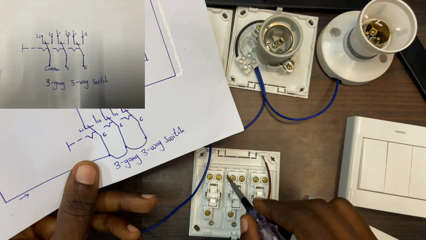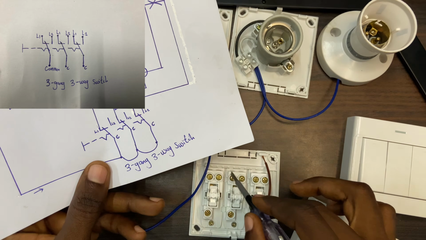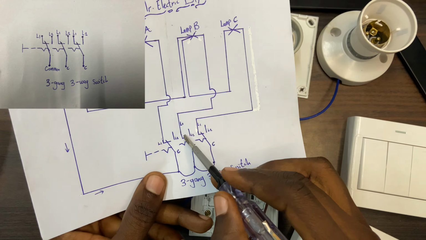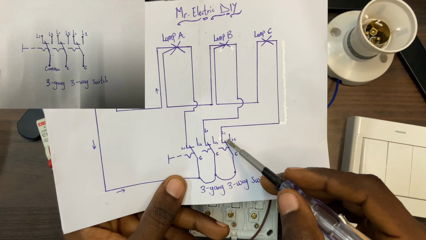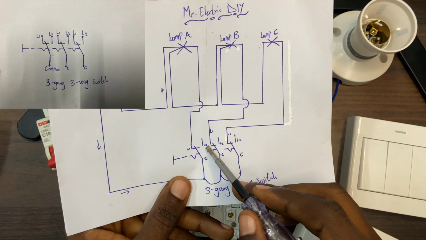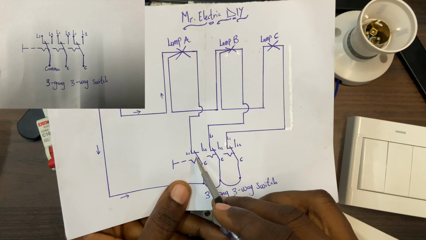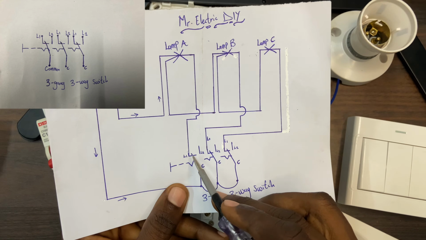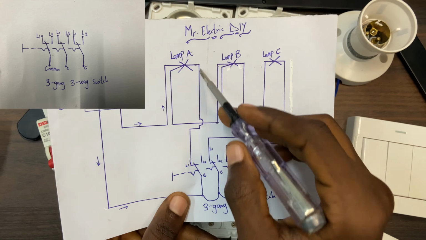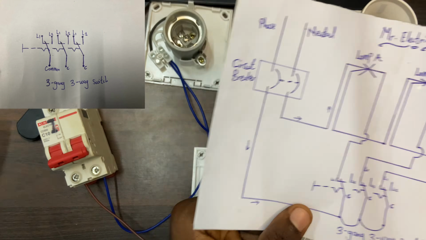This side of the switch we use line 1, the middle side too, and the last side too. We are only using line 1 and not line 2. I'll connect the switch wire to line 1 and then to the lamp holder.